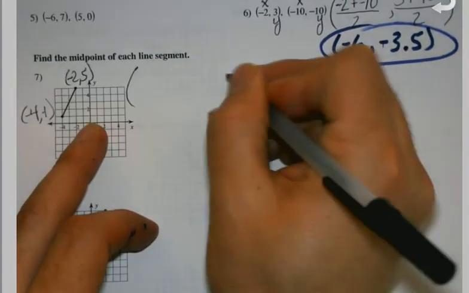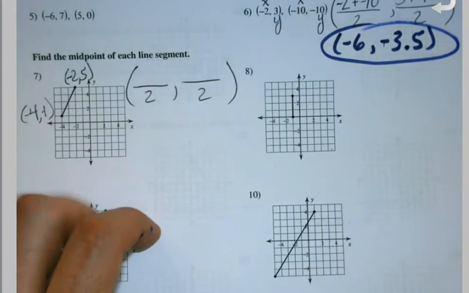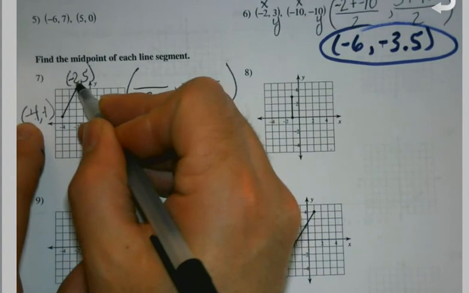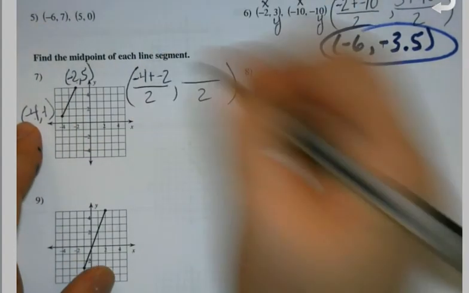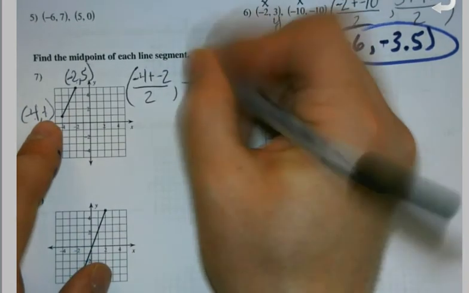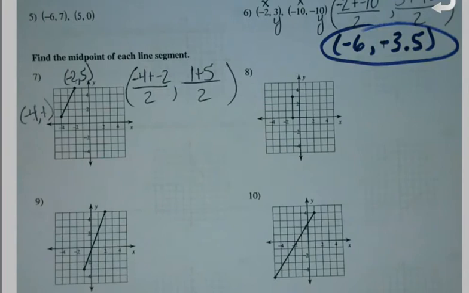So again, I just go, all right, my x's are -4 and -2. So I'll add those up. My y's are 1 and 5. I'll add those up.